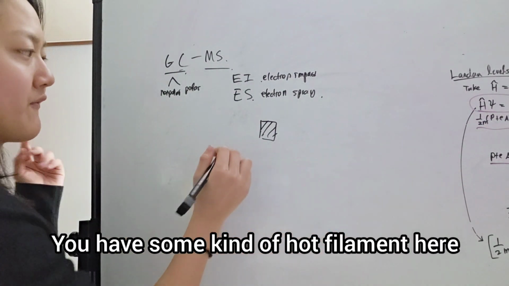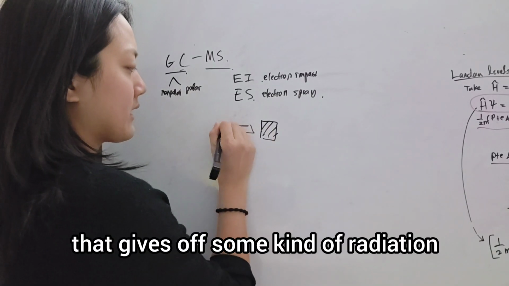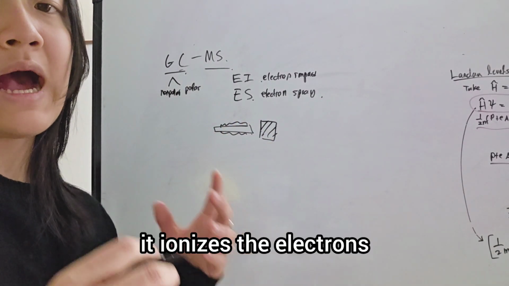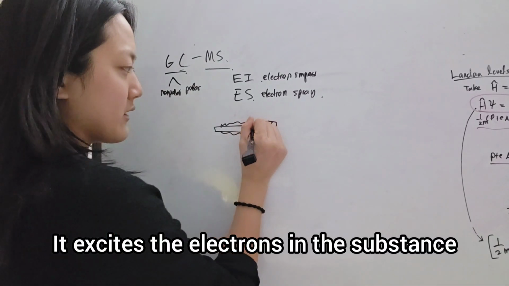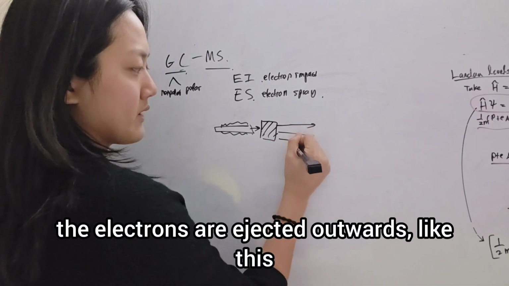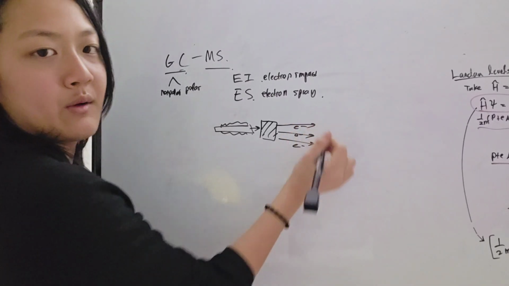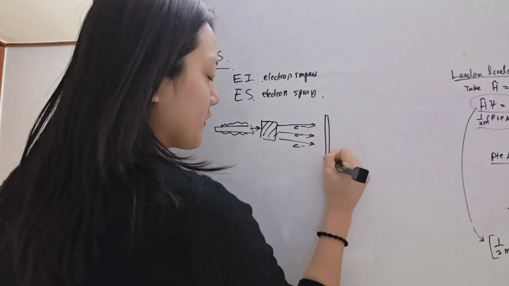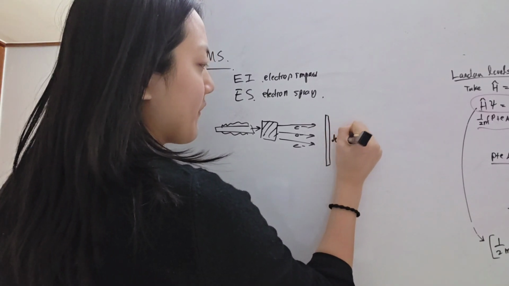You have some kind of hot filament here that gives off some kind of radiation. And because of this radiation, it ionizes the electrons. It excites the electrons in the substance, and the electrons are ejected outwards, like this. And when this happens, these fragments all hit the detector with different masses.